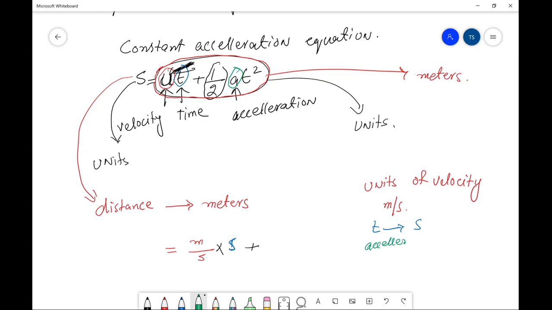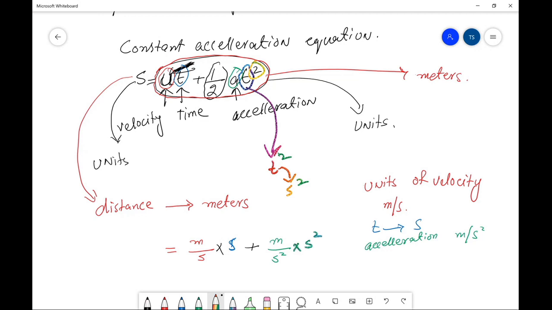Acceleration is measured in meters per second squared. The final one is time squared. The unit for time is second, and because it is squared, we have second squared here.